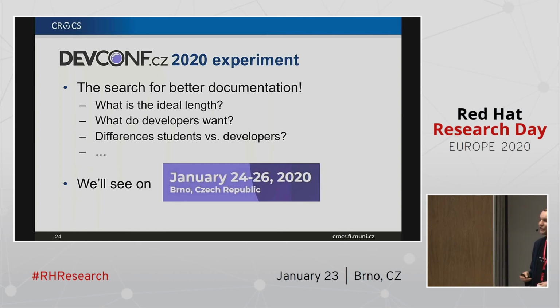Are there differences between students and older, more experienced developers? Because then we can run the experiment on our students and the faculty and compare the results. Well, we'll see during the booth and hopefully with some of you at the booth and in the results.